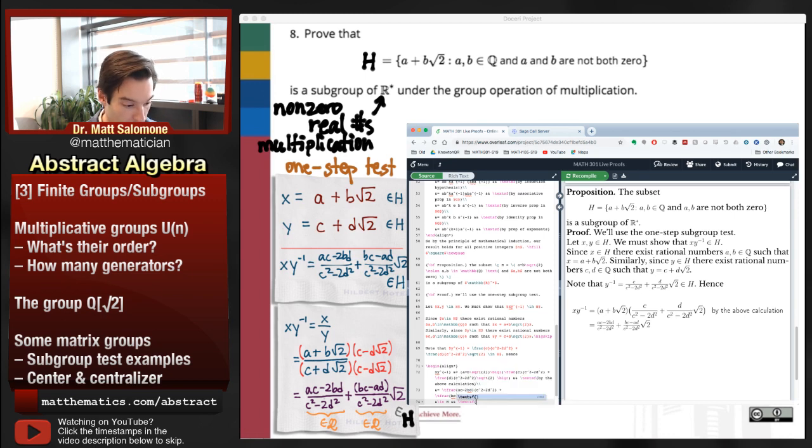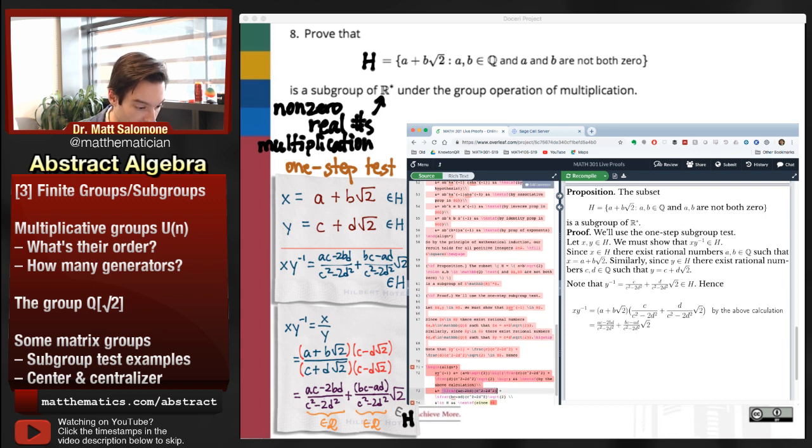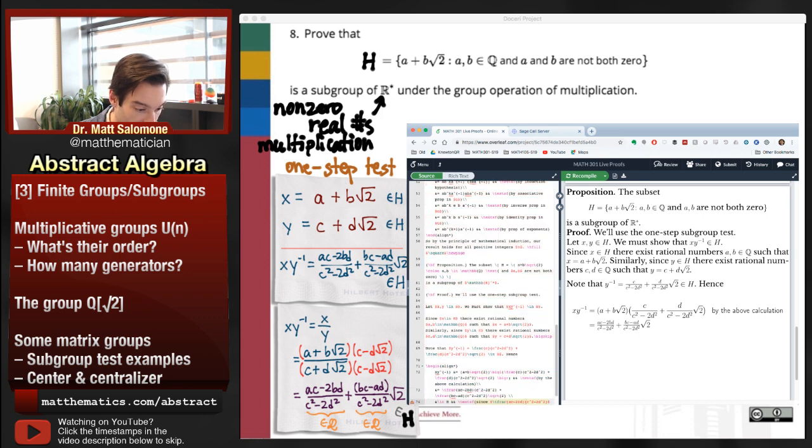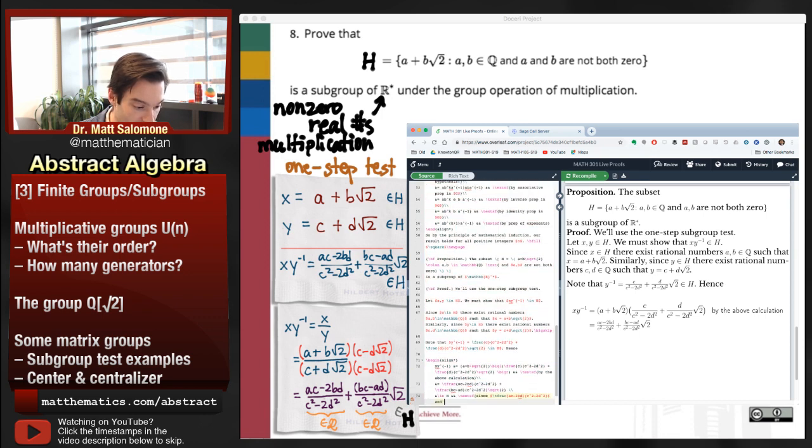And the reason is because both of these fractions, AC minus 2BD over C squared minus 2D squared, that fraction, as well as the other fraction, BC minus AD over C squared minus 2D squared, both of those fractions are rational numbers.